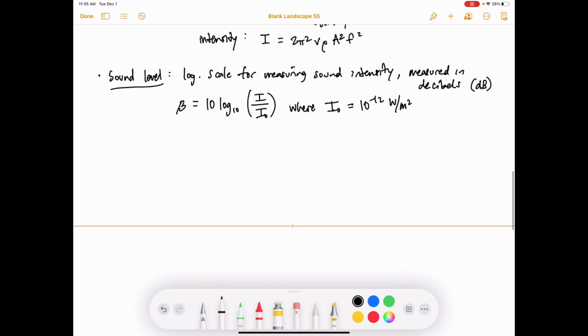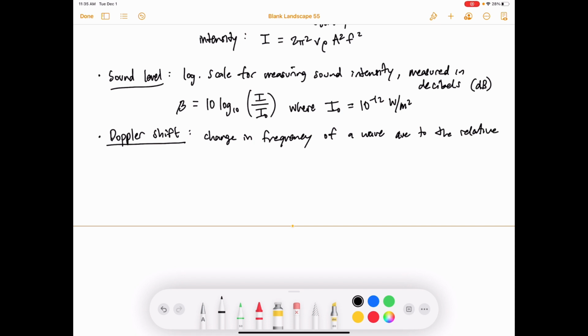So the last thing to discuss here, as it applies to sound, is the Doppler shift. So the Doppler shift is an apparent change in the frequency of a wave. So of course this would apply to sound, due to the relative motion of the source and or the observer.